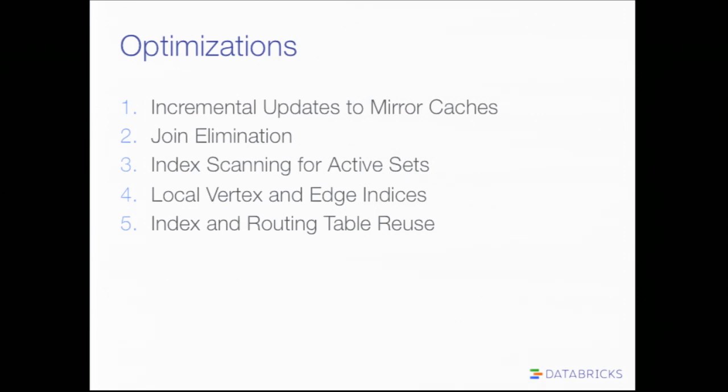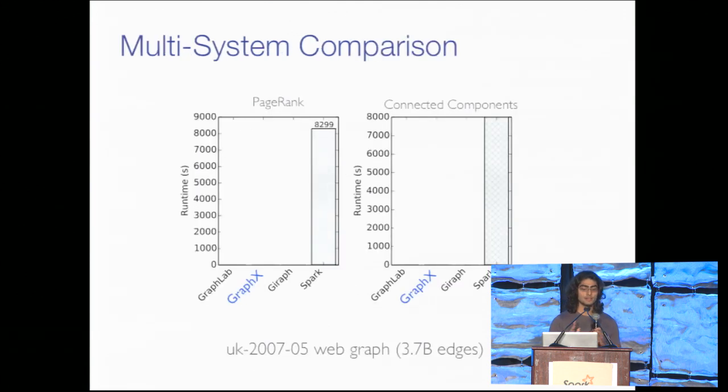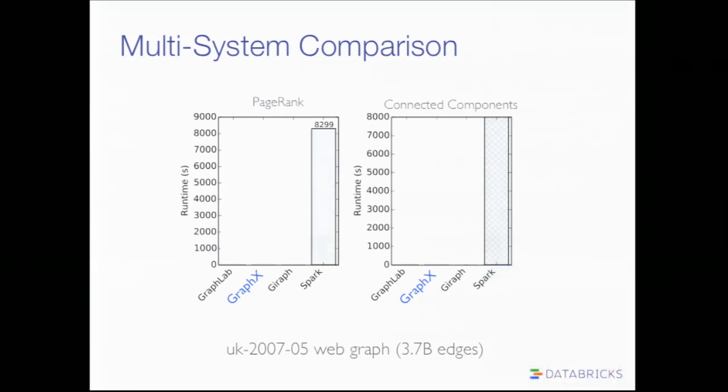Now we made some important optimizations to this pattern to make graph computation faster, but I won't go into detail on those. Suffice it to say that I've talked about them in past talks, so I can send you the slides if you like. But the result is that GraphX performs pretty well. Here's how it performs. First, we ran this benchmark on a web crawl of the .uk TLD, so it's a web graph, with 3.7 billion edges.